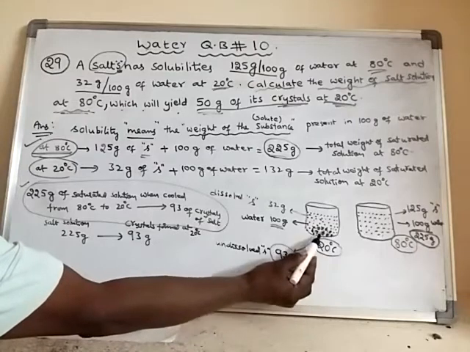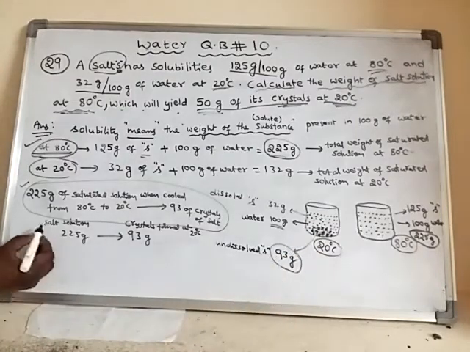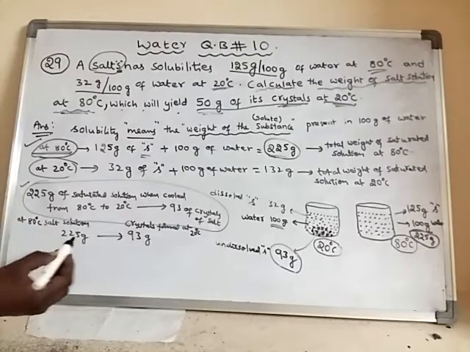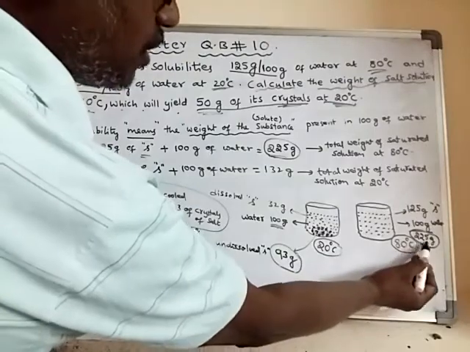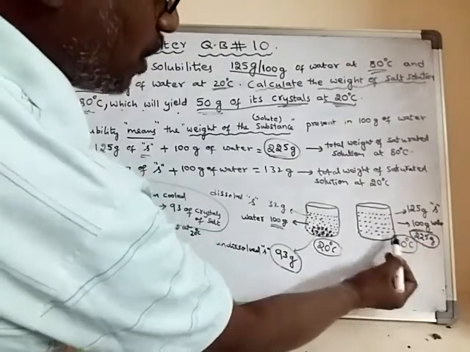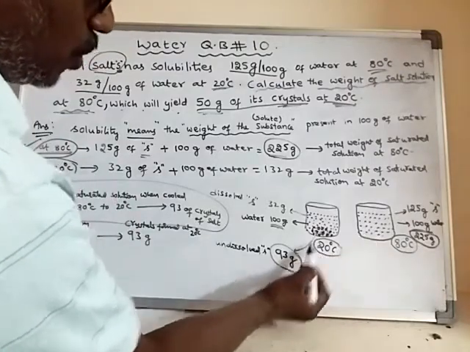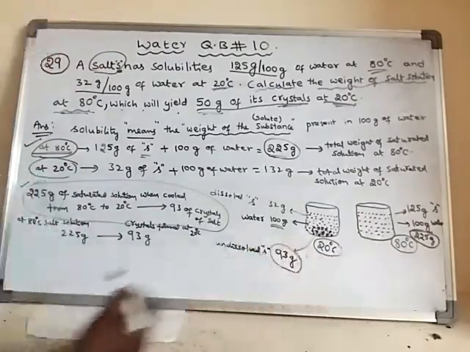So saturated solution, salt solution at 80 degrees centigrade, that means this 225 grams of solution is able to produce 93 grams of crystals at 20 degrees centigrade.